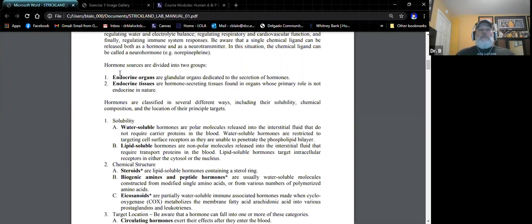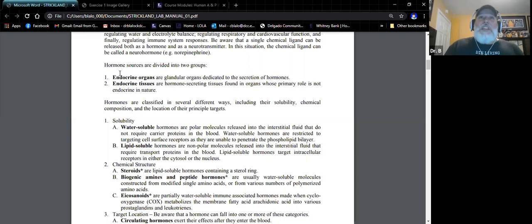A gland that just secretes hormones would be classified as an endocrine organ, whereas endocrine tissues are hormone secreting tissues in an organ whose job is not primarily to secrete hormones. So examples of endocrine organs would be like the pituitary gland, okay, the thyroid gland. Those two glands, all they do is secrete hormones.